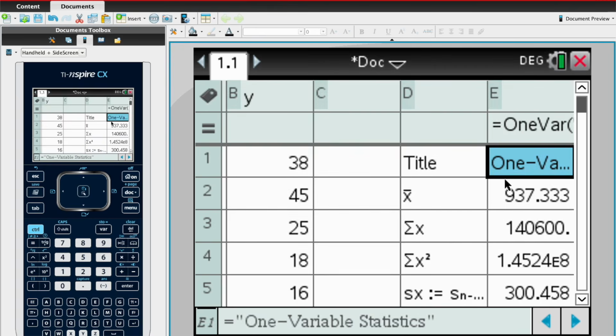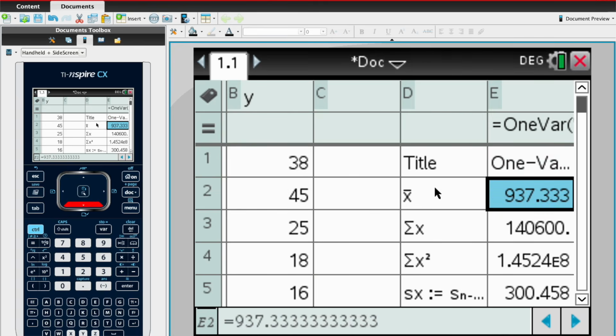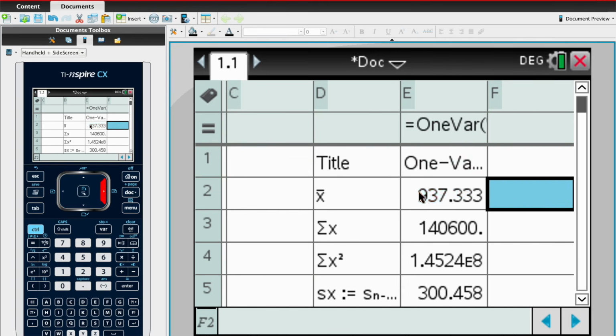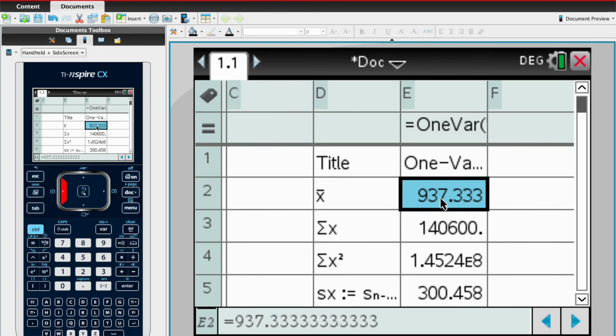Here we are. And in this case, we wanted to find the mean, which is given by x bar right here. So average energy consumption is 937.33333 kilowatt hours.